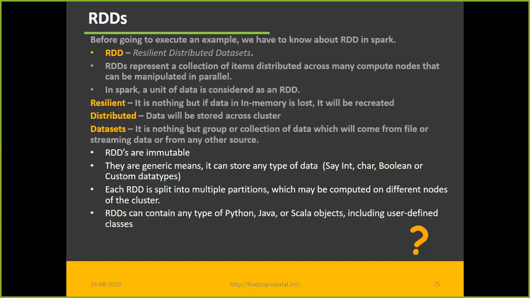From a programmer's point of view, treat it as a collection. A file is nothing but a collection of strings. Don't you agree? Yes, you agree. So a file is nothing but a list of strings, an array list of strings.